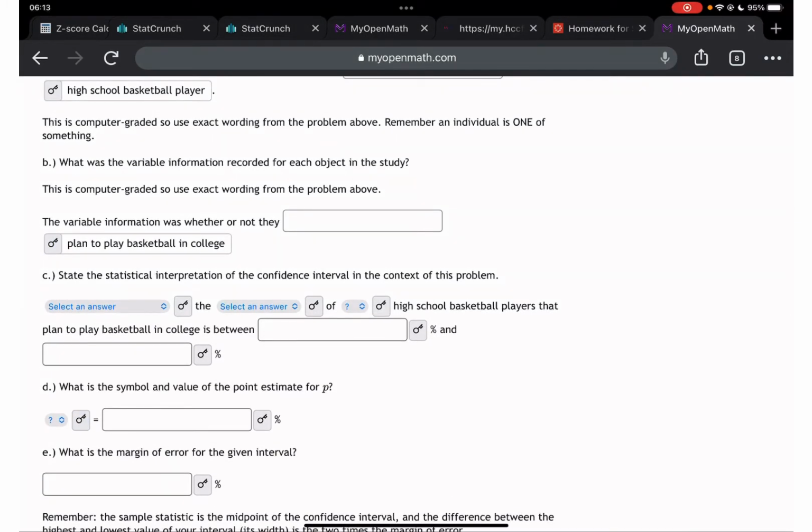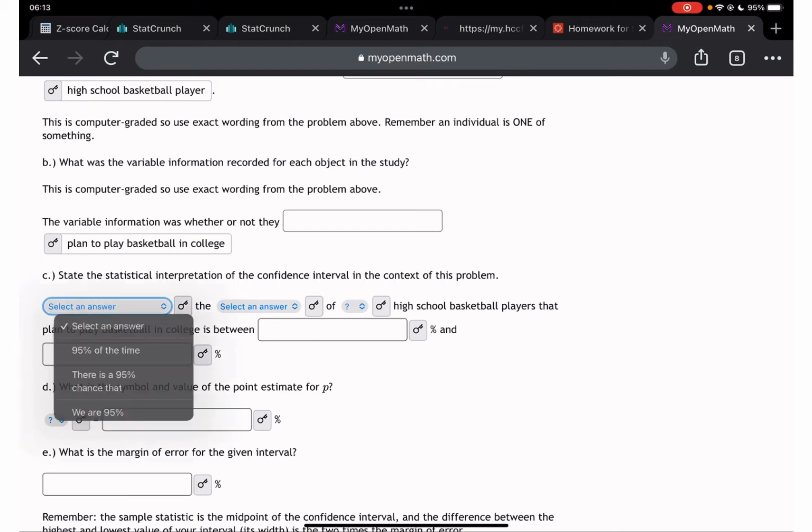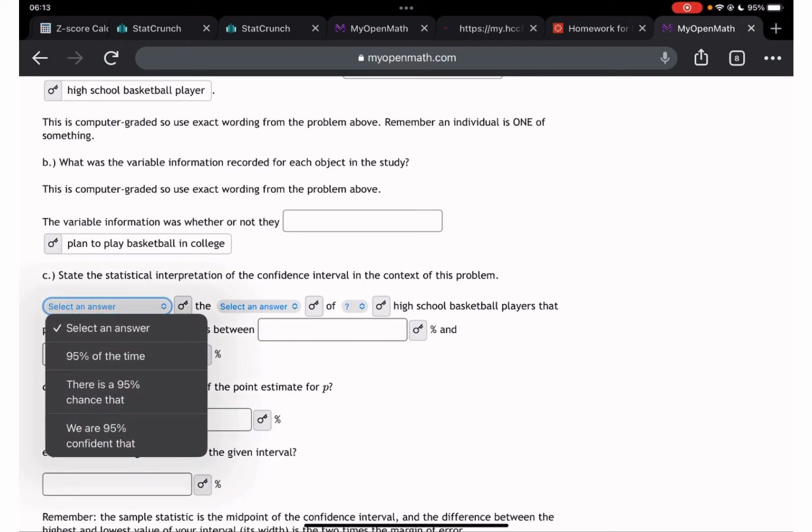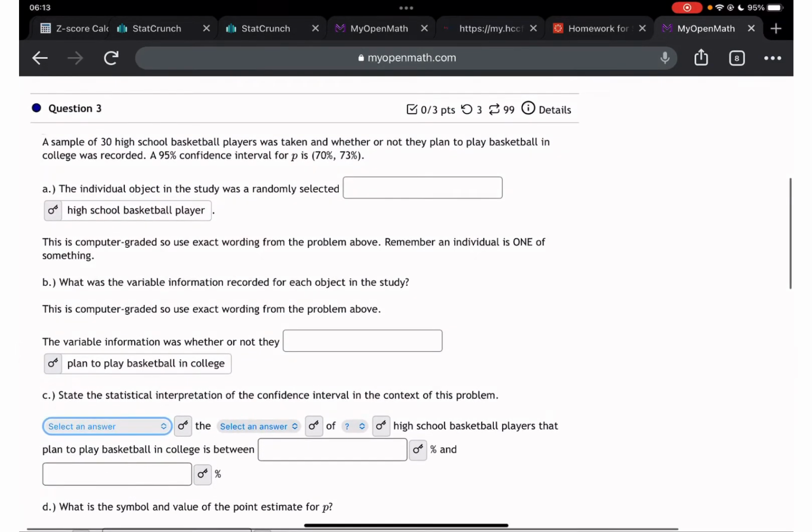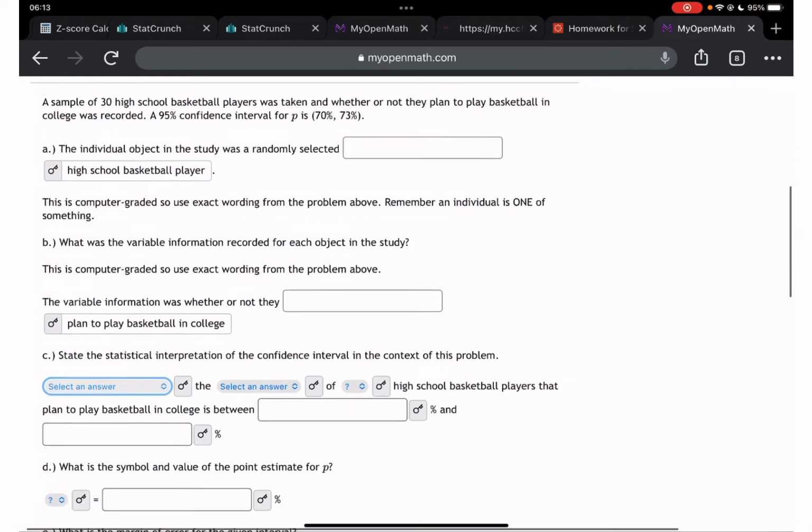Question C. State the statistical interpretation of the confidence interval in the context of this problem. Select the answer. Now, finally, we can check. So, what do we have here? How many percent? 95%.